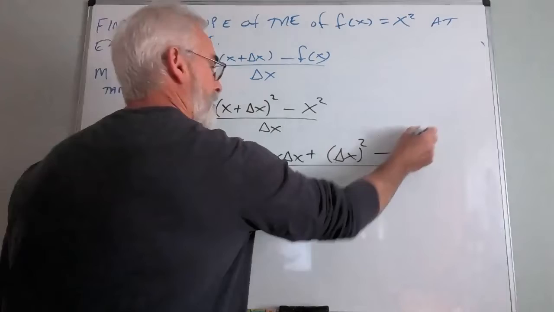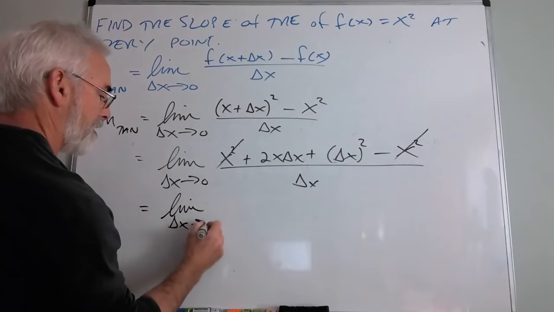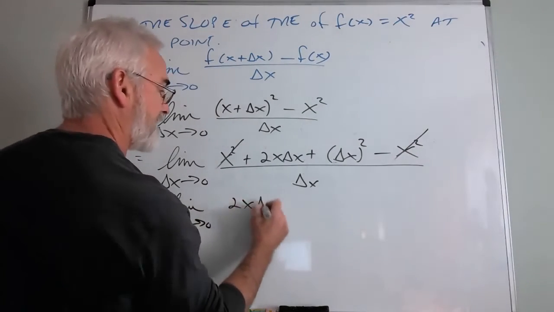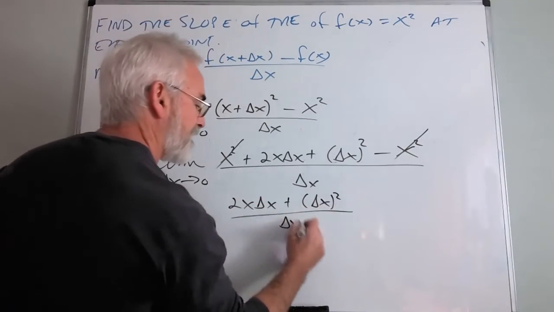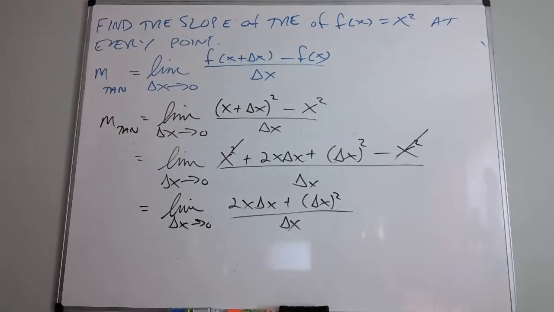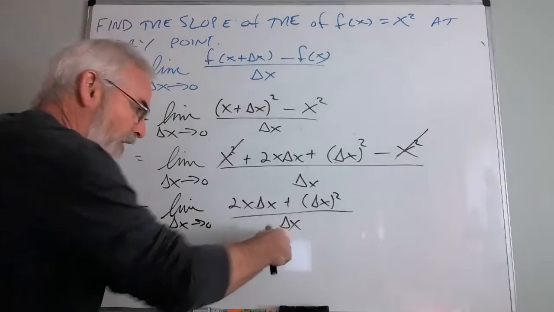Well, I can certainly do that. So this is 2x delta x plus the square of delta x, all over delta x. Now, I cannot evaluate yet because I still have a delta x on the bottom. That, as I affectionately call it, is my problem child. I need this guy gone.